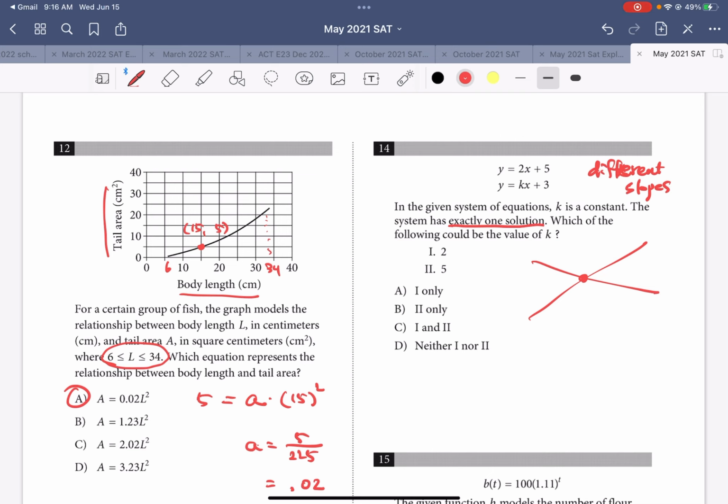So which one could be the k value? k is the slope of the other line. It cannot be 2. If it's a 2, then that's no solution. So this is okay. That's different from 2. Answer 2, second one only, B. So as long as the two lines in a system have different slopes, they're going to have exactly one solution.